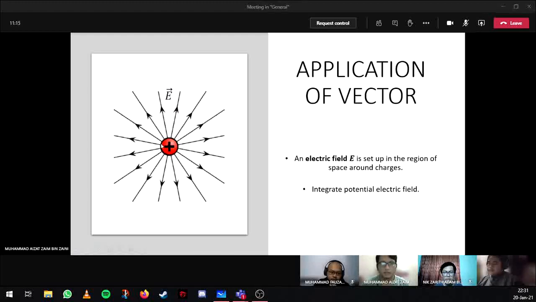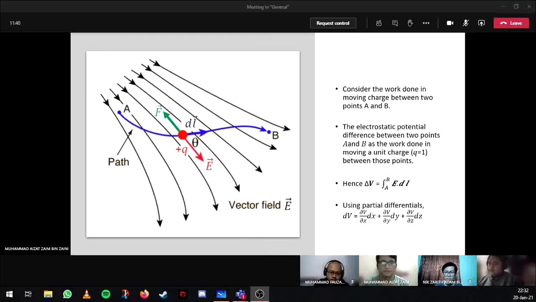The red point is a charge denoted as Q, and the lines with arrows are a vector field. This is an electric field. The electric field, denoted as E, is set up in the region of space around the charge. The second point is to integrate the potential electric field. Let's head to the next slide.